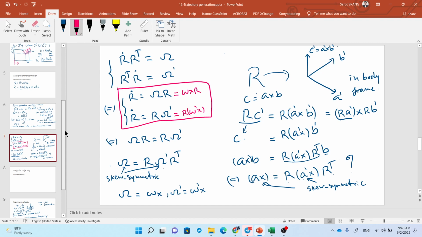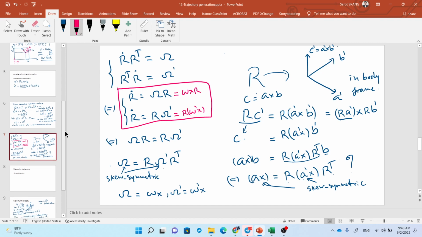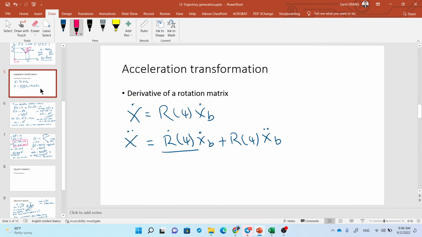Then, all right, why are all these important? Well, come back to this point. For the acceleration equation, we can rewrite h double dot equal to omega cross R hb dot plus R h double dot b.